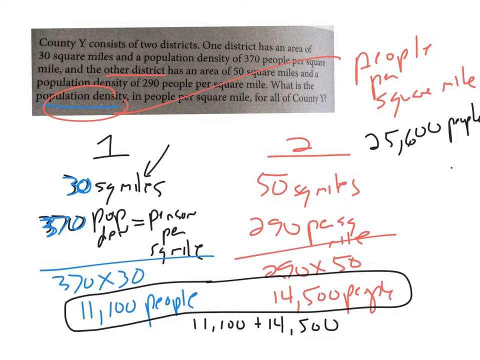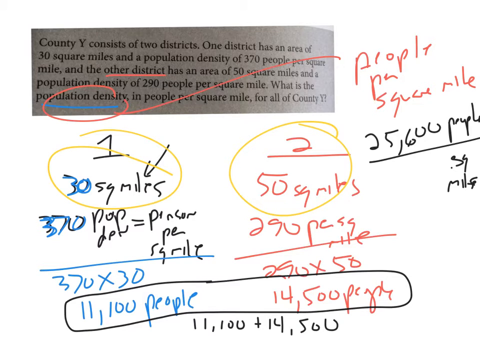Now, the population density is the number of people per square mile. How many square miles are there in this county? Well, since there's 30 square miles in District 1 and 50 square miles in District 2, there's a total of 80 square miles in the entire county.